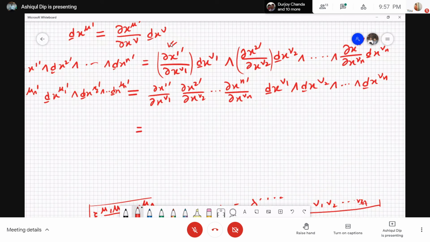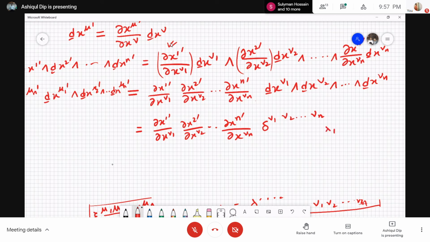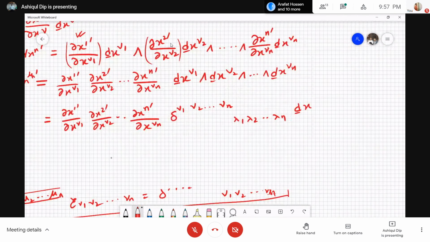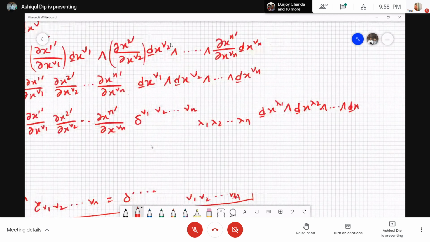We can introduce a set of Kronecker delta like this: delta x1 prime by delta x nu 1, delta x2 prime by delta x nu 2, up to delta xn prime by delta x nu n, times Kronecker delta summed over nu 1, nu 2, up to nu n, then lambda 1, lambda 2, up to lambda n, dx lambda 1 wedge dx lambda 2 wedge up to dx lambda n. We can do that, right?